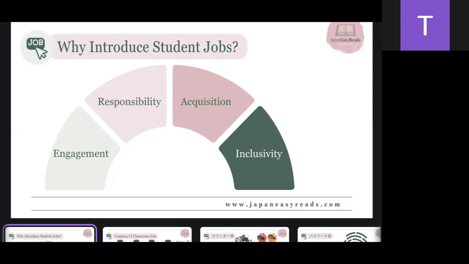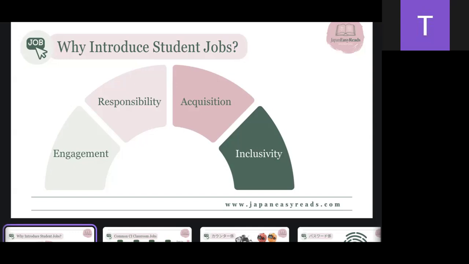Anything that the students are able to do takes the pressure off the teacher. And once those routines are set up, it does free mind space for the teacher to really focus on providing that comprehensible input.